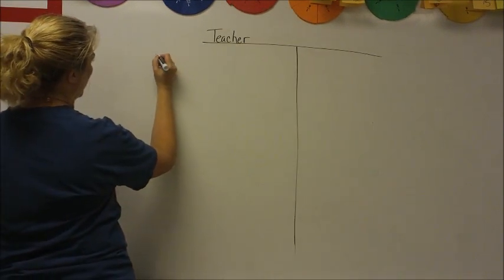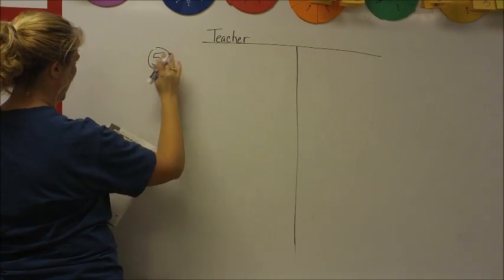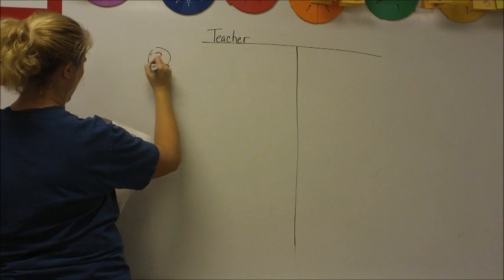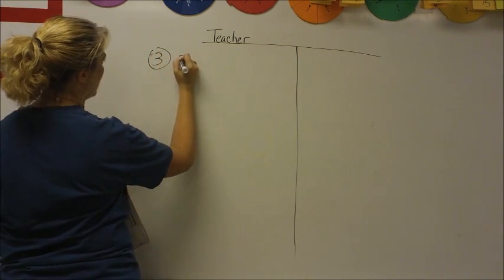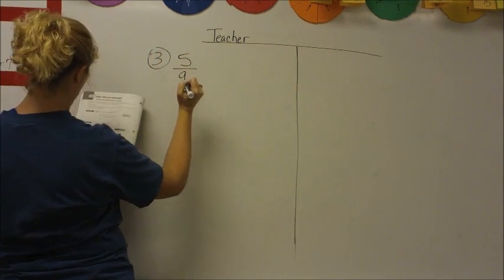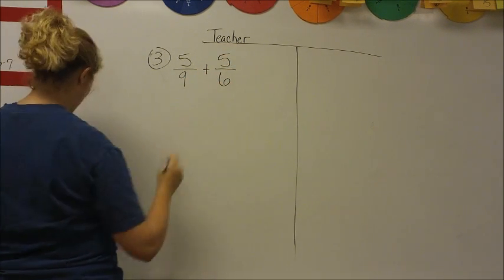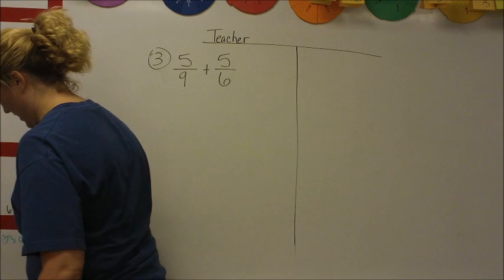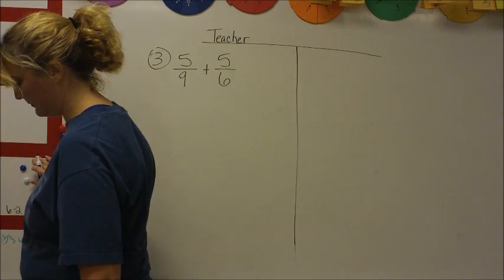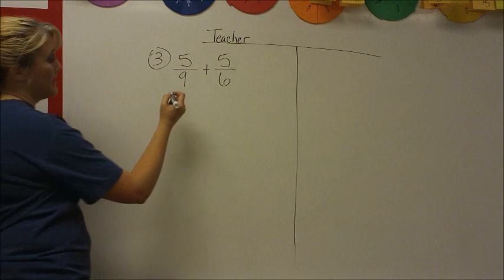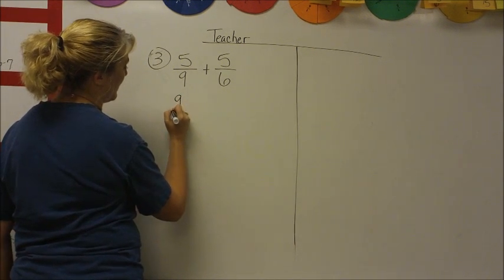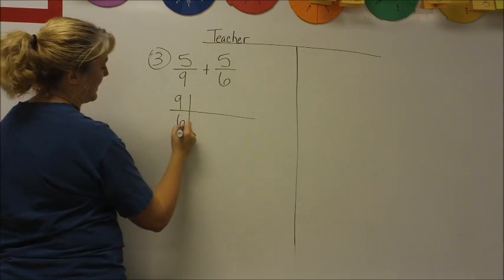Okay, this one. Oops, it's number 3, sorry. 5/9 plus 5/6. Okay, first thing I got to do is get a common denominator. So I'm going to list the multiples of my 2 denominators.